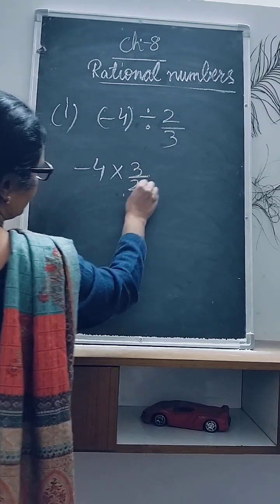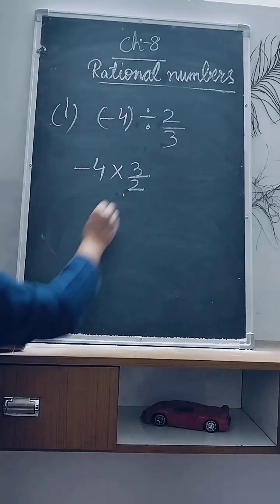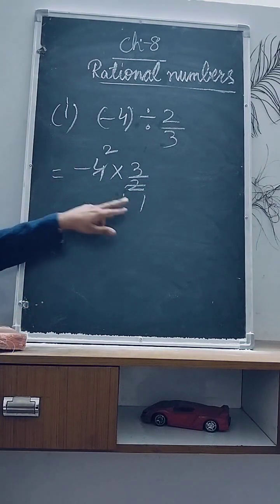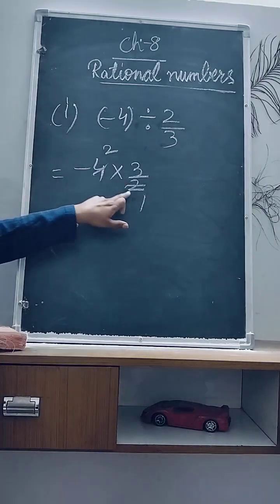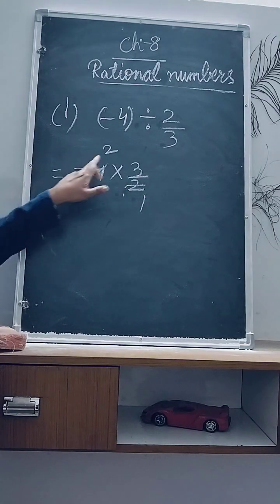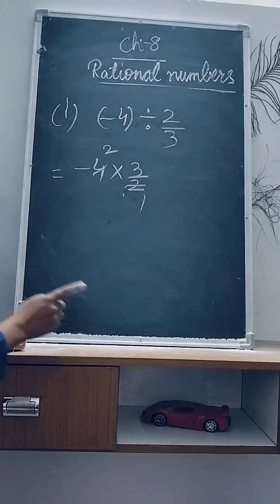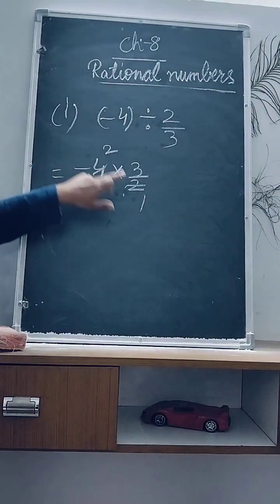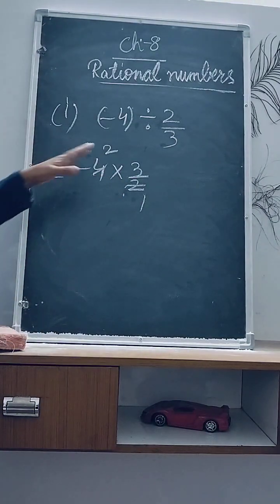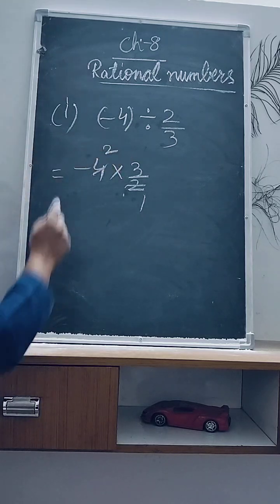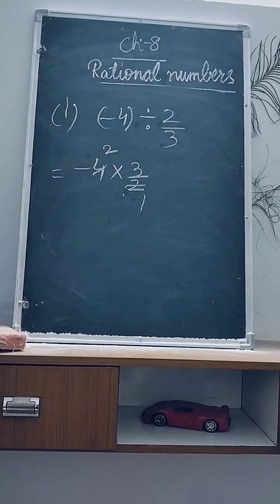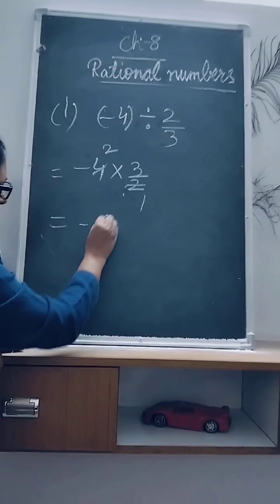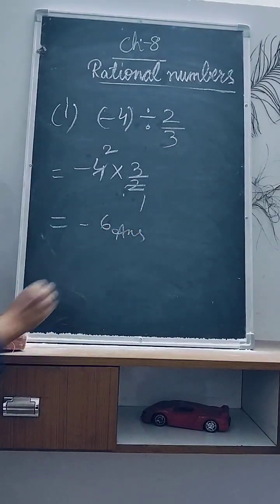So it would be 3 by 2. Now 2 1s are 2, 2 2s are 4. Some students cancel numerator with numerator, denominator with denominator. No. You have to take care that when you are reducing, one should be the numerator, the other should be the denominator. It should not be on the same side. So in the end we got 2 into 3, 6 is the answer.